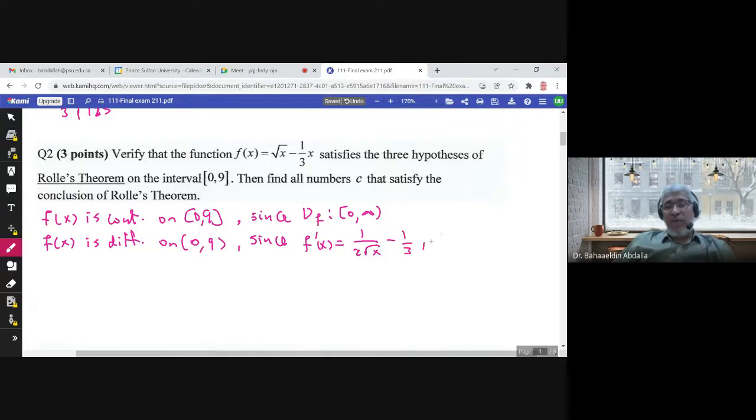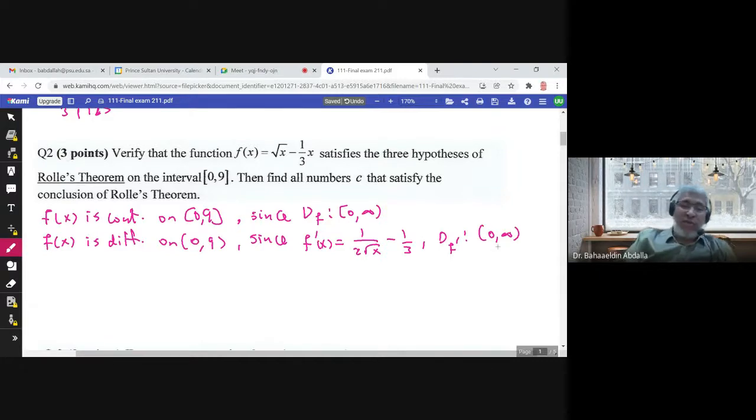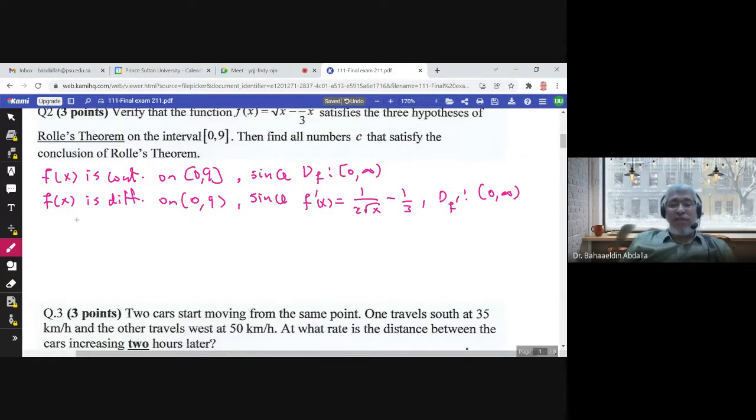What is the domain of f prime? Again, we have a square root of x. X has to be greater than or equal to 0, but it cannot equal 0 because the denominator would be 0. So the domain of f prime is 0 to infinity, open, and the open interval 0 to 9 is part of it. So f is differentiable on this interval.